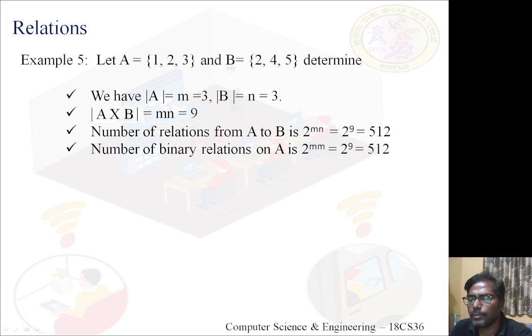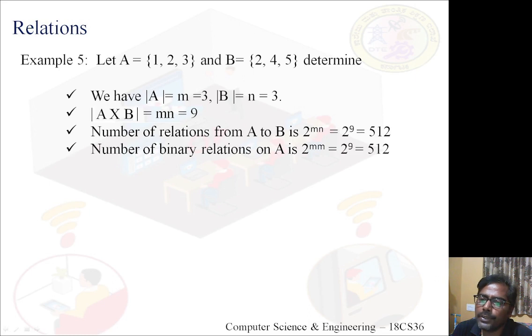So, to determine the number of subsets of A cross B, I need to know the number of elements of A cross B. Similarly, to determine the number of subsets of B cross A, I need to know the number of elements of B cross A. So let me first compute the number of elements of A cross B and of B cross A. The size of set A is 3, the size of set B is again 3.